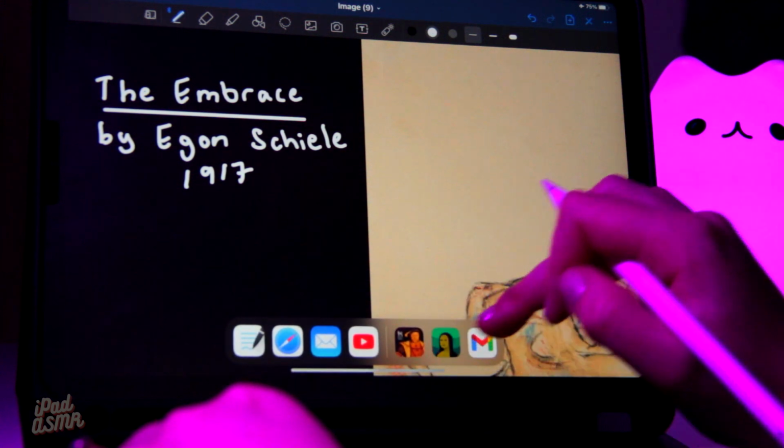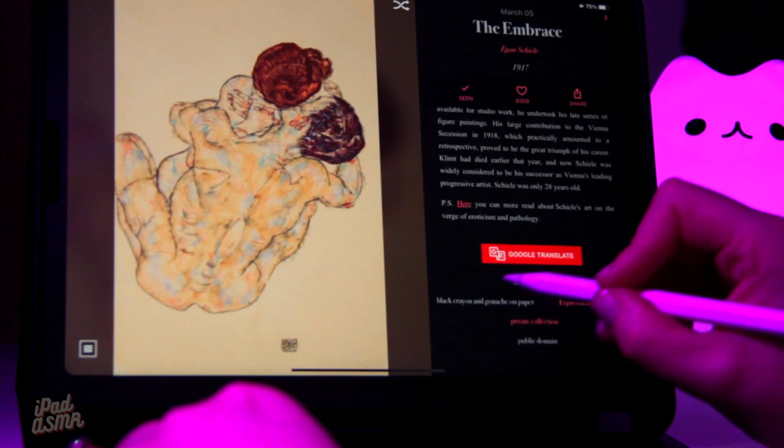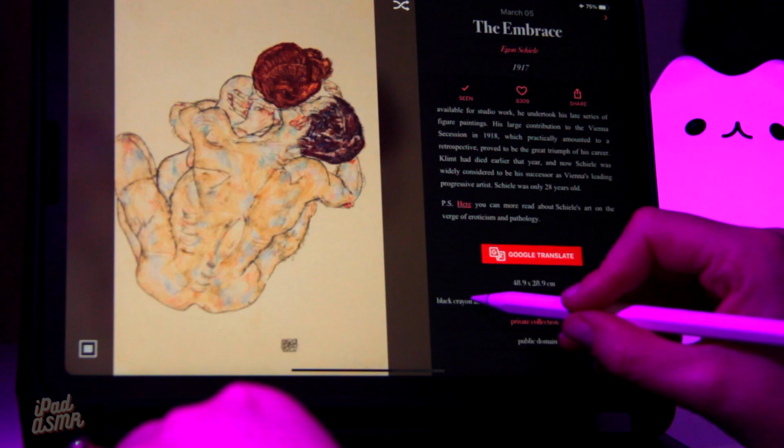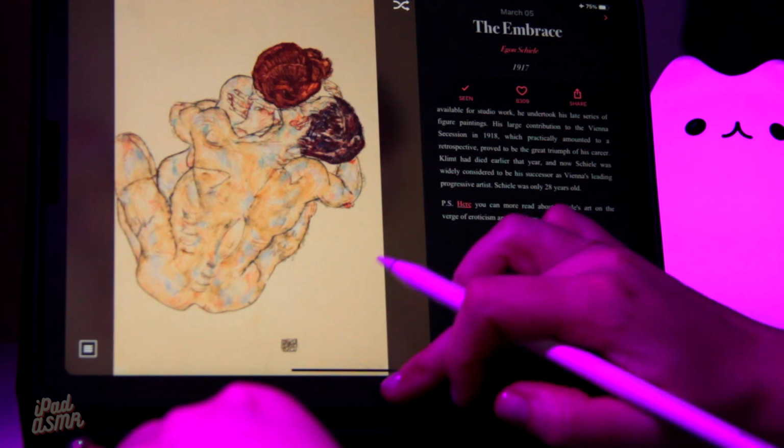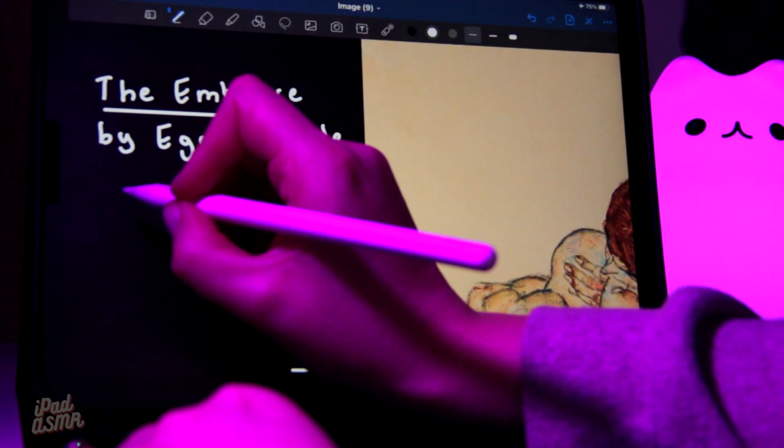And it was black crayon and gouache on paper.